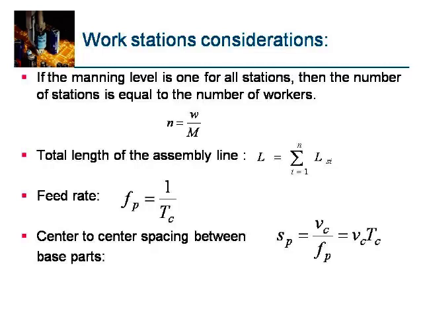If the manning level is 1 for all stations, then the number of stations is equal to the number of workers, N is equal to W by M. And the total length of the manual line L is equal to the sum from i equals 1 to N of LSI.